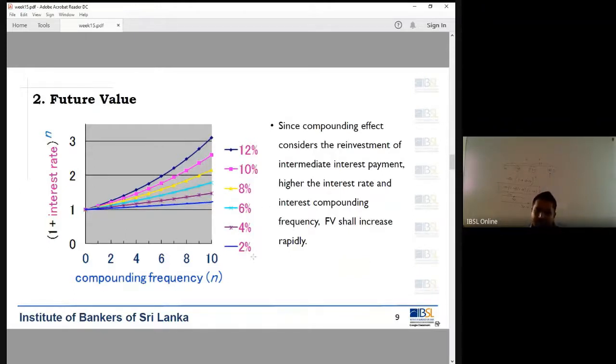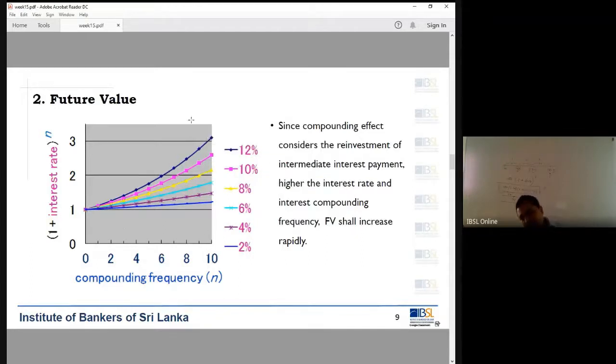When we move the interest rate from 2 to 4, your future value after 10 time periods is much higher, close to 1.5. The light blue color, 6%, is even higher. Now we are close to 2. Then the yellow color is 8%, and you're comparing everything at the 10th cash flow. At the yellow line, what you see here is 2.1 or 2.2 as your 1 rupee value after 10 time periods. 10% is even higher, 12% even higher.